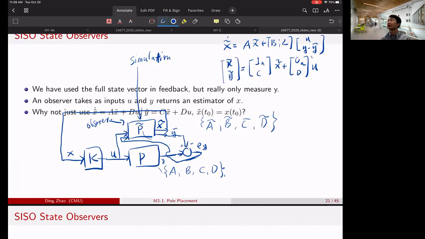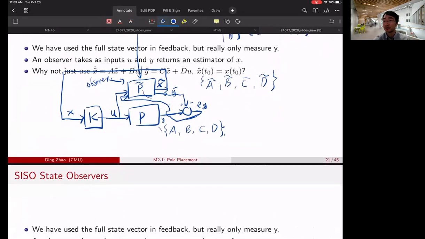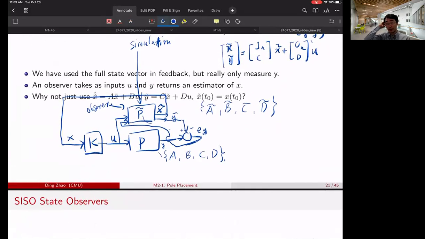Okay. Any last minute questions? So in today's lecture, I think we reviewed controllability canonical form, pole placement for the controller, and also we said the same algorithm can also apply to design an observer.